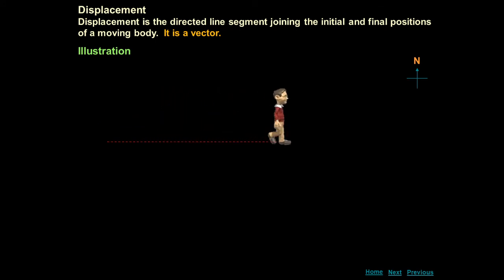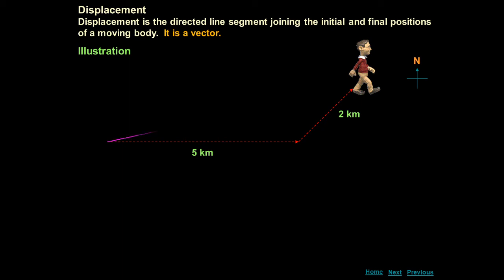Again see what the displacement will be here, as we have taken earlier, 5 kilometer north, then 2 kilometer towards northeast. So the displacement is from initial to final position, and see its direction.